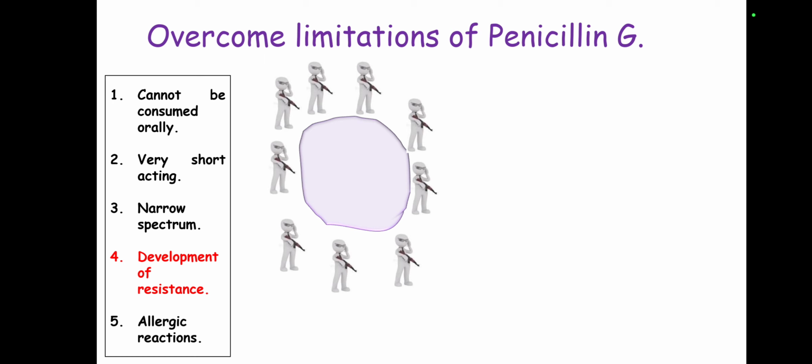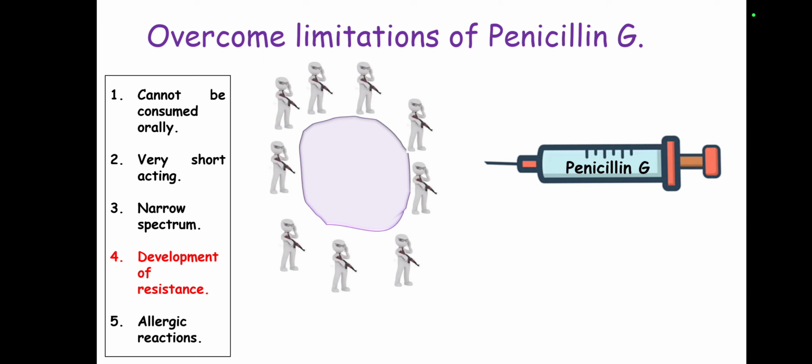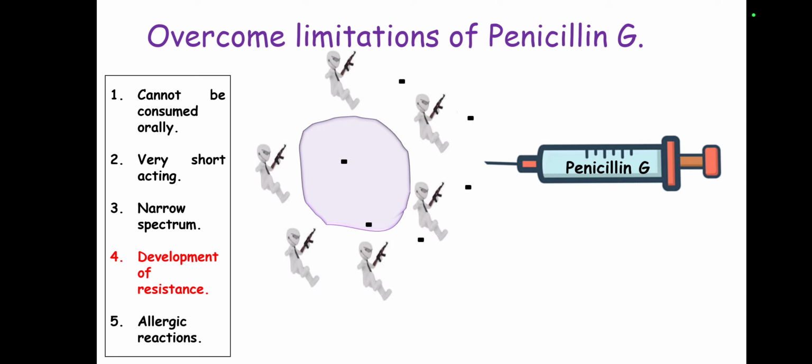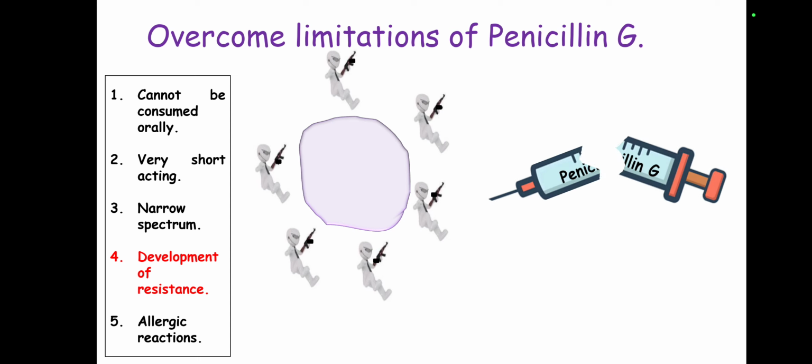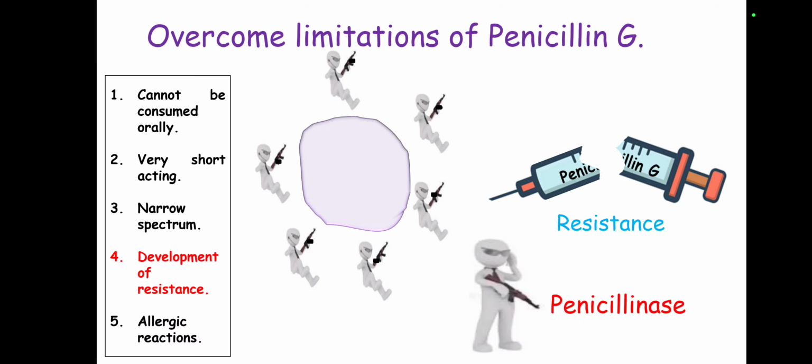Now the bacteria has security guards waiting with guns in their hands. When we give penicillin G, the bacteria is ready to shoot the penicillin G, and when the penicillin G is shot, it will die. So the bacteria will survive. So this leads to development of resistance. That means penicillin G is not able to kill the bacteria, and the name of this security guard is penicillinase.